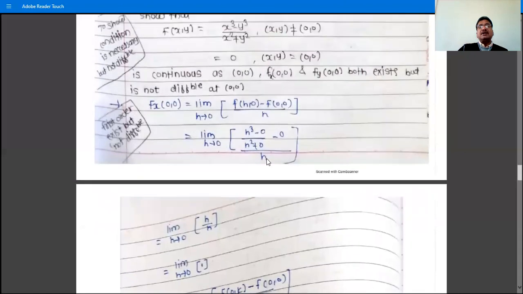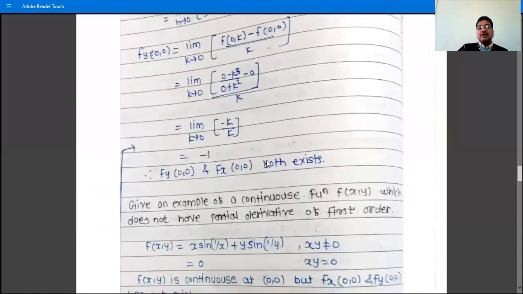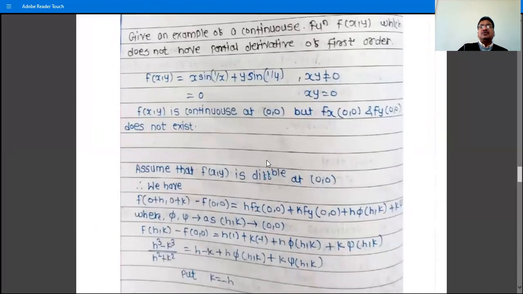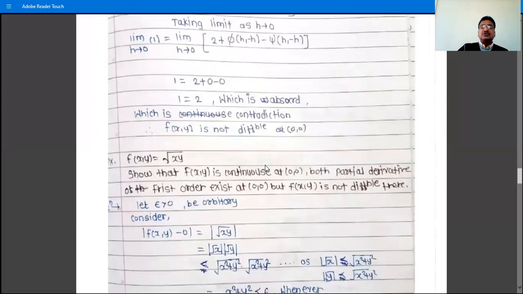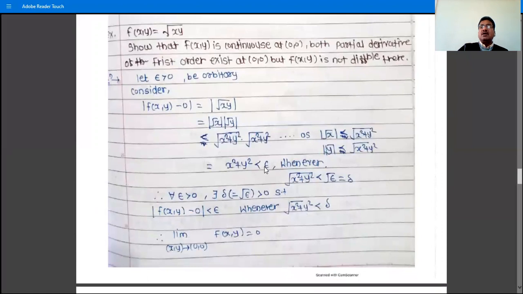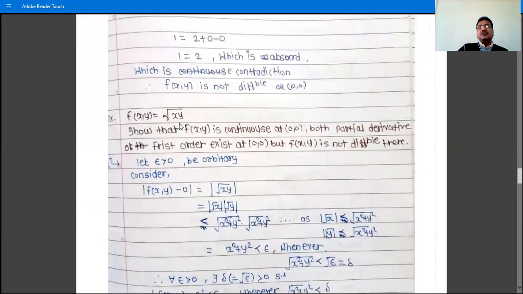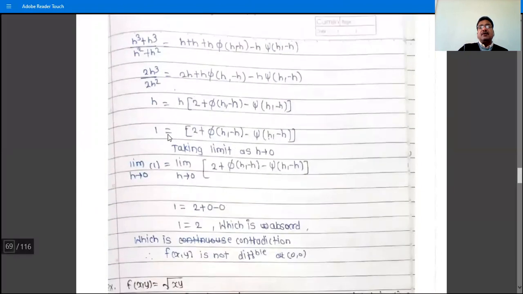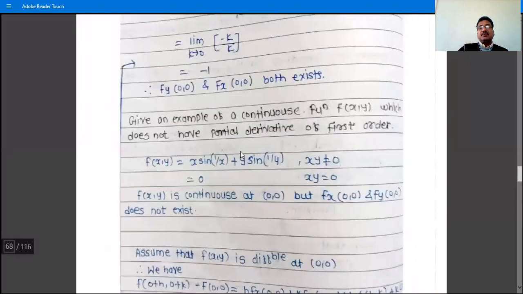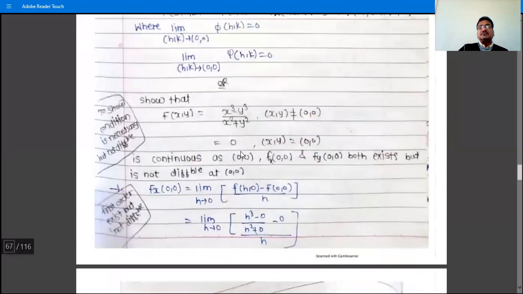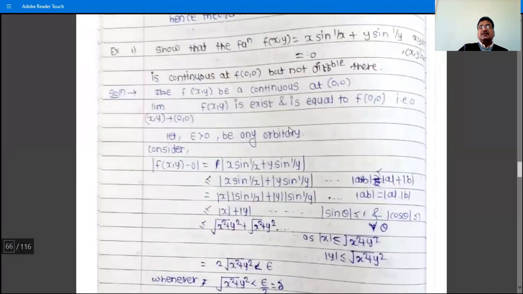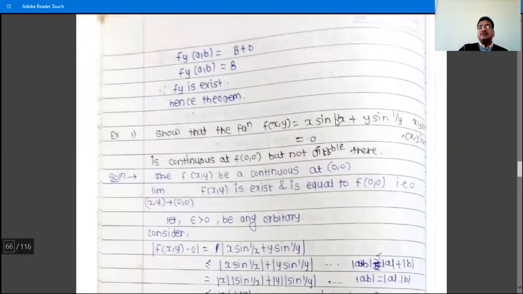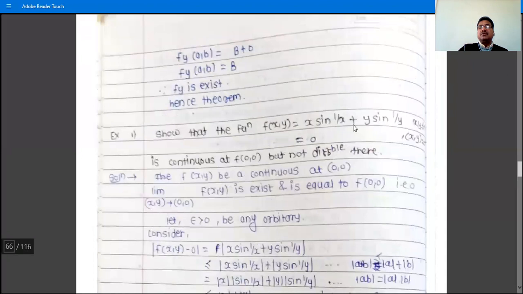So to show the function is differentiable, use the definition. There is only one way to show the function is differentiable at the point (a,b), but there are four ways to show the function is not differentiable at (a,b). Okay, so we will see the remaining problem in the next lecture. So this problem is now also incomplete, that this function is not differentiable at (0,0).